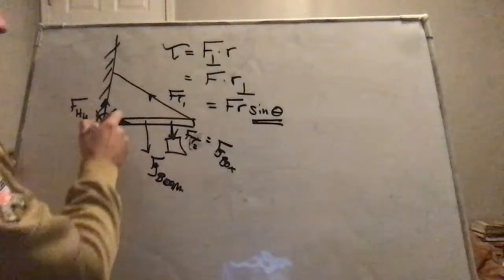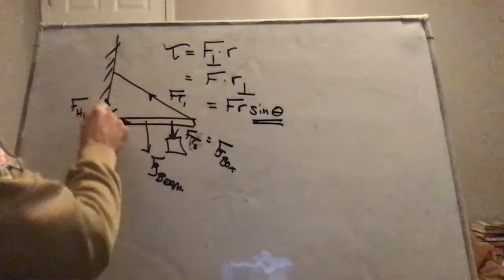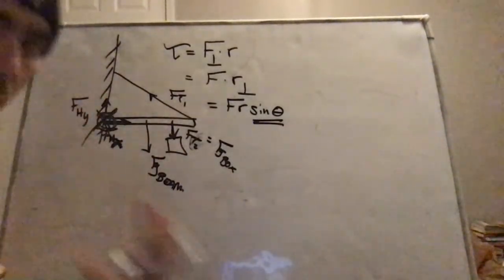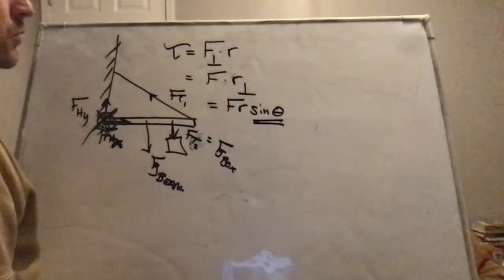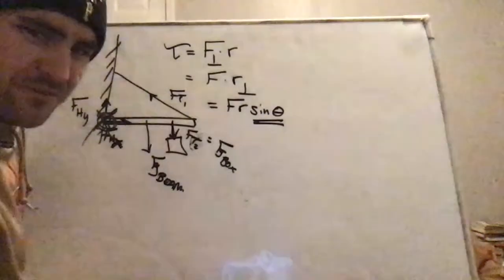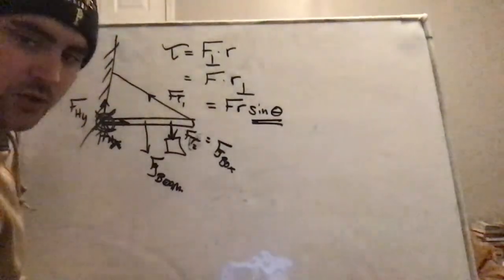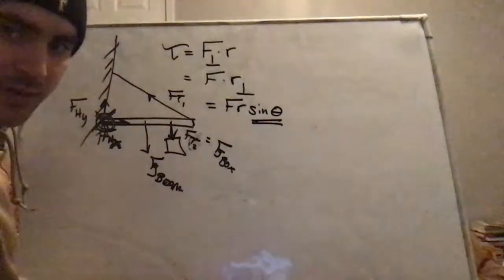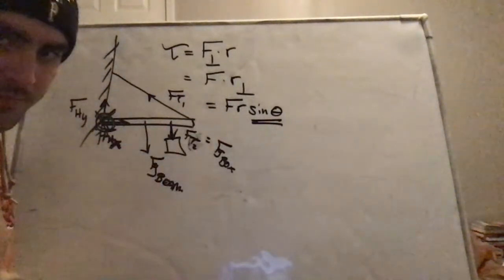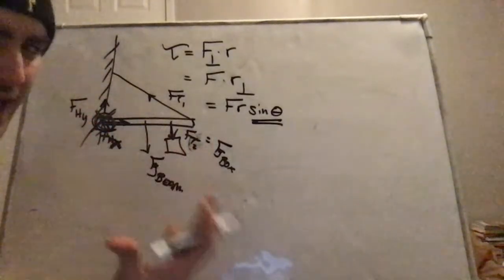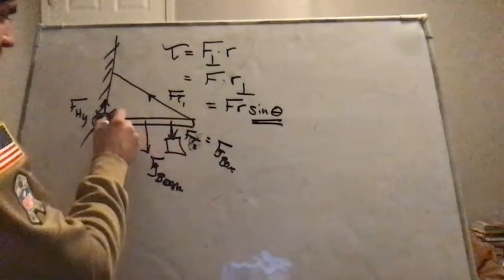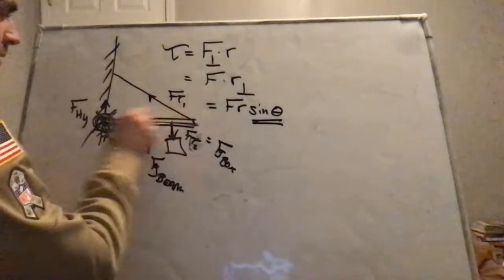Basically, what it says is that in order for the concept of torque, in order for something to rotate around an axis of rotation, there needs to be a force that is perpendicular, or at least somewhat perpendicular, to a lever arm. In this case, here is our axis of rotation. The rotating object, or the lever arm we're talking about, is the beam right here.